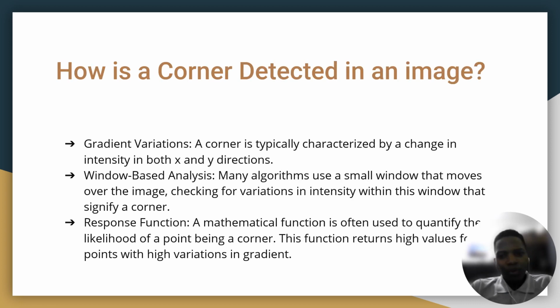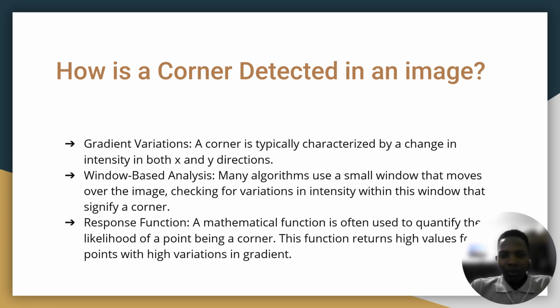And how is a corner detected in an image, right? We can use these three methods. Gradient variations, like we already said, we can use gradient directions to determine corners, where a corner is typically characterized by a change in intensity in both x and y directions. And number two, window-based analysis, where many algorithms can use a small window that moves over an image, checking for variations in intensity within the window, and that signifies a corner in an image.